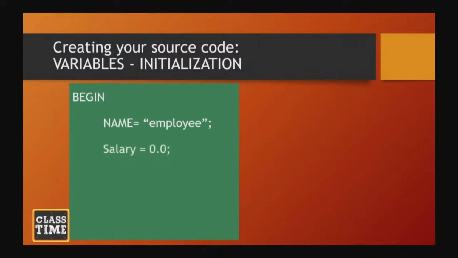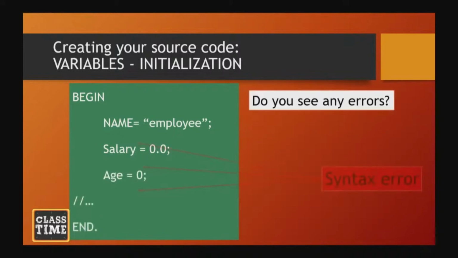So the first initialization is name equal employee, salary equals 0.0, semicolon, age equals 0, semicolon. But there are some errors here. And if you're watching, you should be able to spot some of the errors. All right? There are a couple of them, but we're just going to look at one in particular.